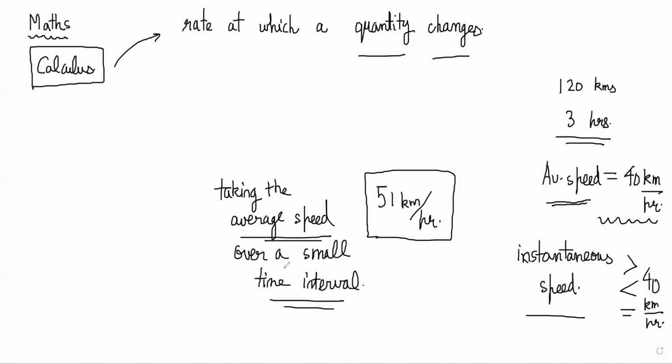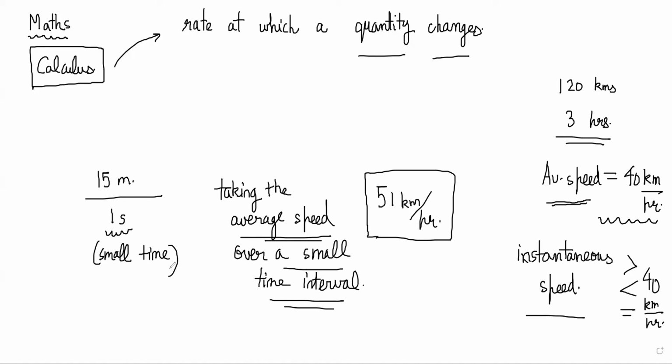Taking an average speed over a small time interval. Like what actually the speedometer is telling you is that in the last, like say 1 second, the car moved 10, 15 meters, right? So it is able to calculate how much the car is moving in a small time interval. No, this is small.